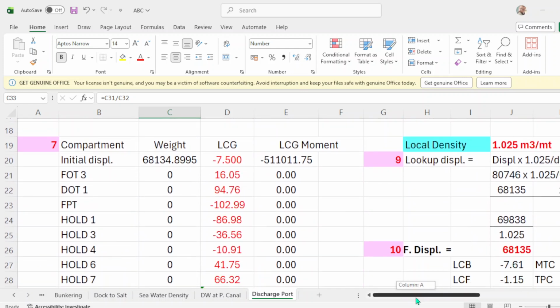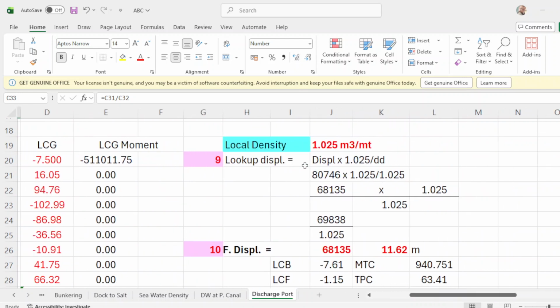This is number 9. Take note that the displacement times your constant of 1.025 over your local density. The local density at arrival berth or discharge berth is 1.025. So what is your final displacement?